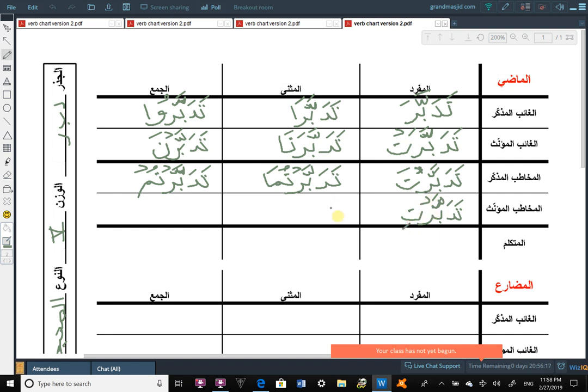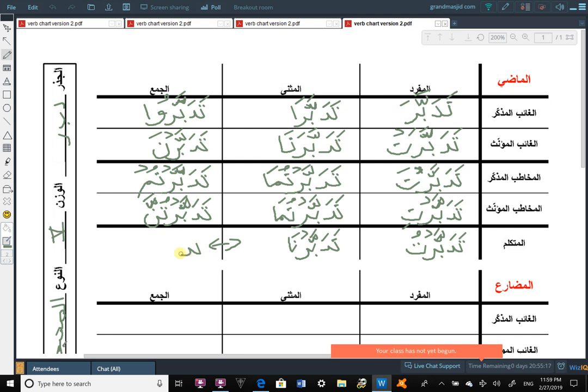Antunna tadabbartunna. Ana tadabbartu. Nahnu tadabbarna, whether it be dual or plural.